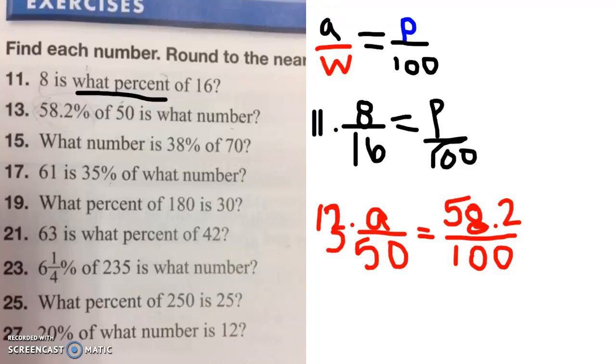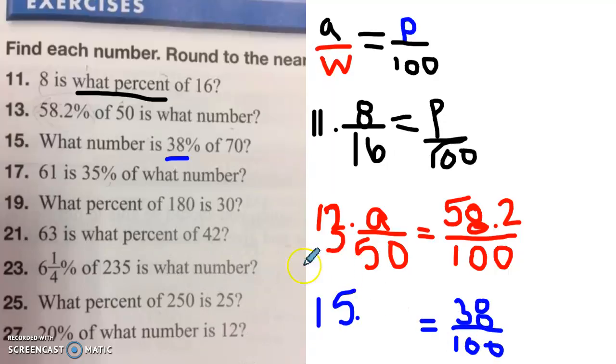For number 15, they give you a percent, so automatically you know that it's going to be 38 out of 100. You can write that. Then you have to figure out what's going to go on the other side. Are they giving me a part or are they giving me the whole? Let's read 15.